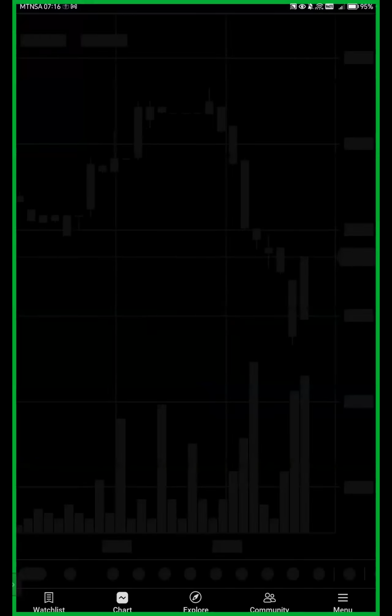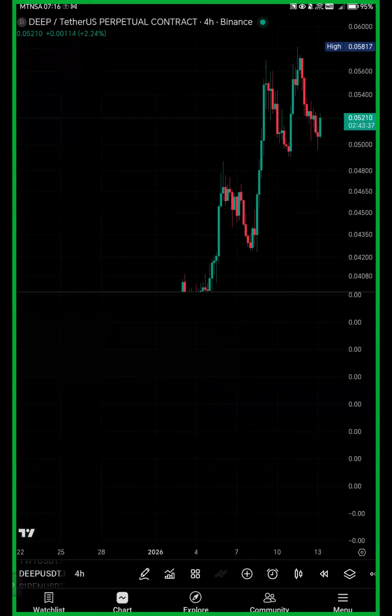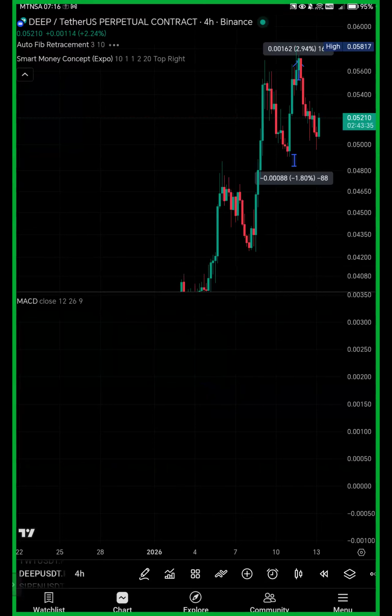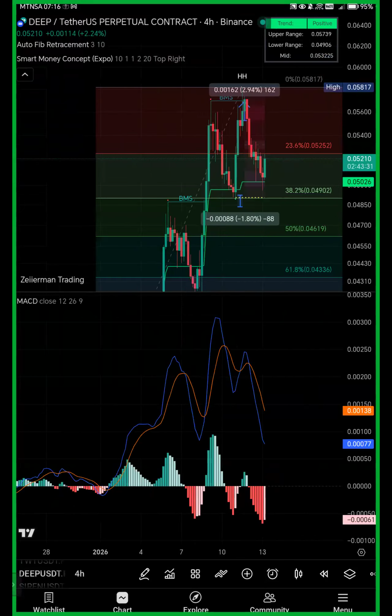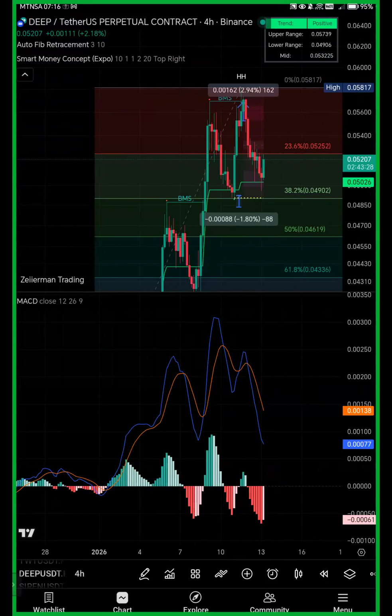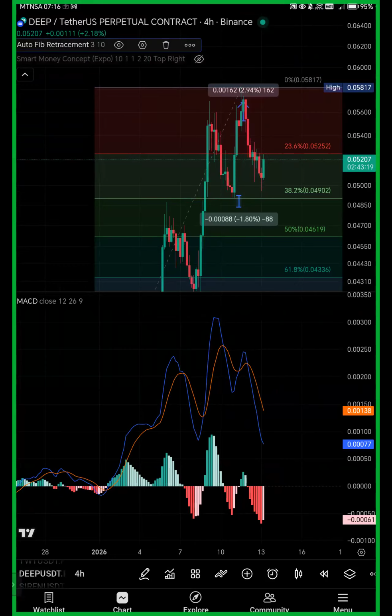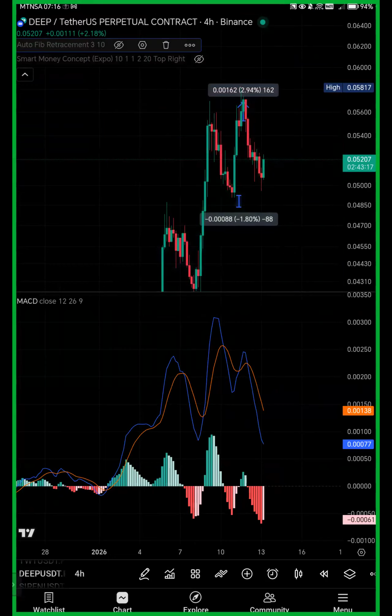Though we may not find the bearish engulfing bar as such, I just want us to have this look. Let me hide these things here, so that we only have candles.